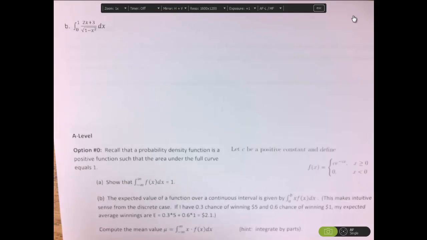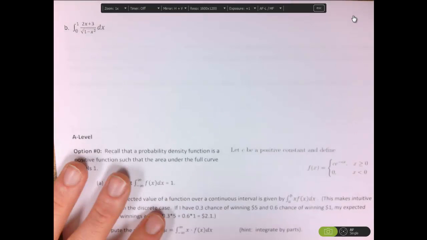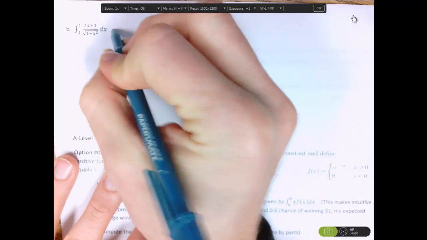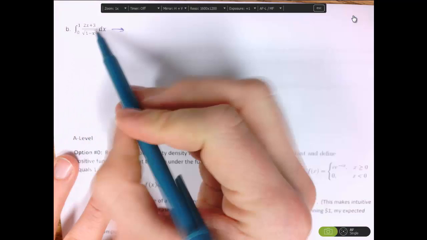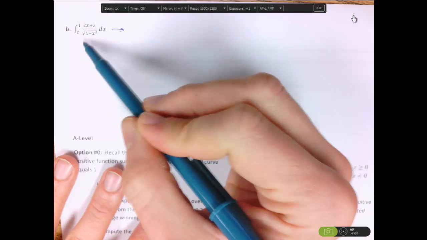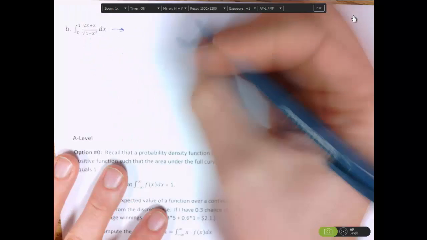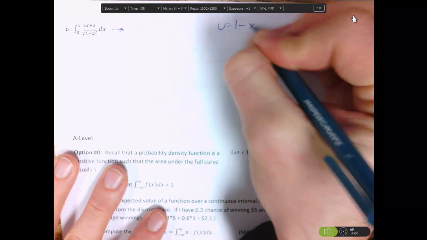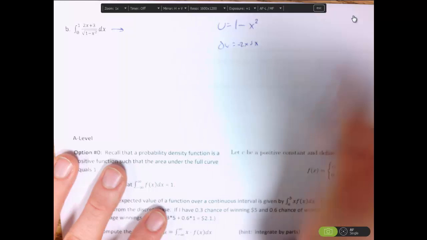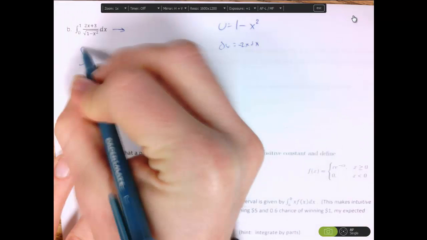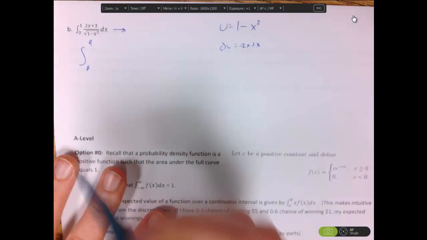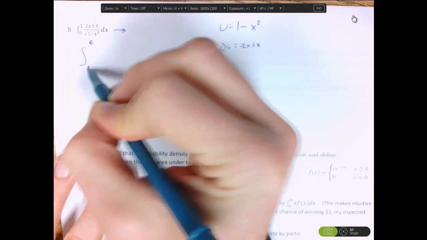Maybe the most straightforward way to approach this one would have been actually to find the integral. So let's break this into two. Well, so you could have tried u substitution, because here I've got a u as 1 minus x squared, which means my du would be negative 2x dx. And if you tried to plug that all in, well, let's do the indefinite integral so that we don't have to worry about the bounds for the moment.